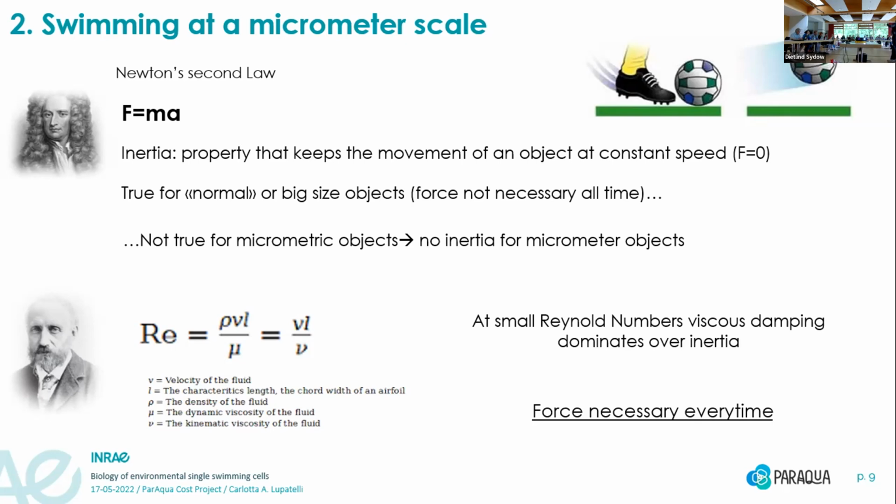In our normal size world, we have particular laws. For example, the second law of Newton. According to this law, the force applied to an object is the result of the mass of the object and its acceleration. And in our world scale this is true.